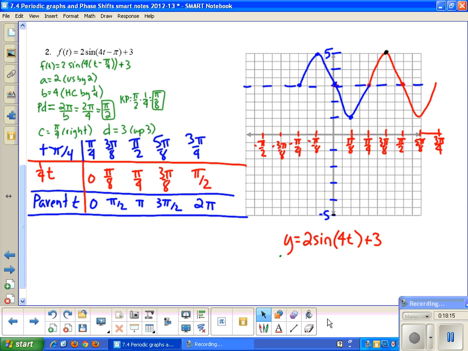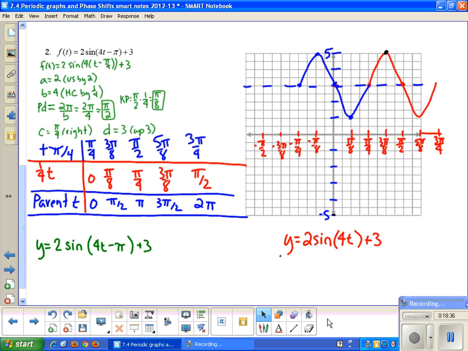And then I'm going to do my vertical transformations. So for my vertical transformations, I'm just plugging them into the equation. We have y equals 2 times the sine of 4t minus pi plus 3.